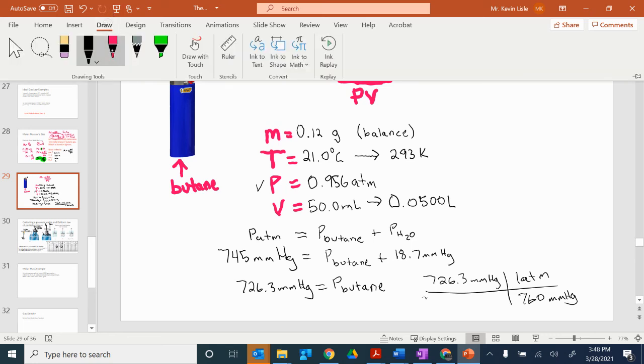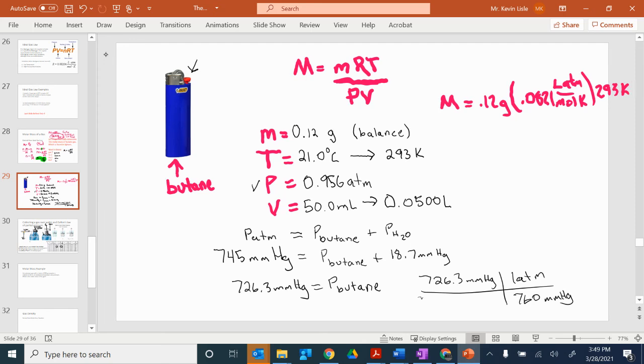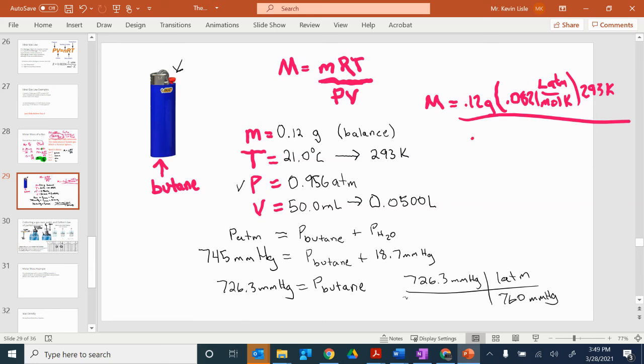If I go back to the equation and I start plugging in numbers that we already have, we would say molar mass is equal to 0.12 grams times 0.0821, the R constant, which is liters times atmospheres over moles times K, times the temperature of 293 K, and divided by pressure, which we found as 0.956 atmospheres, and the volume of 0.0500 liters.